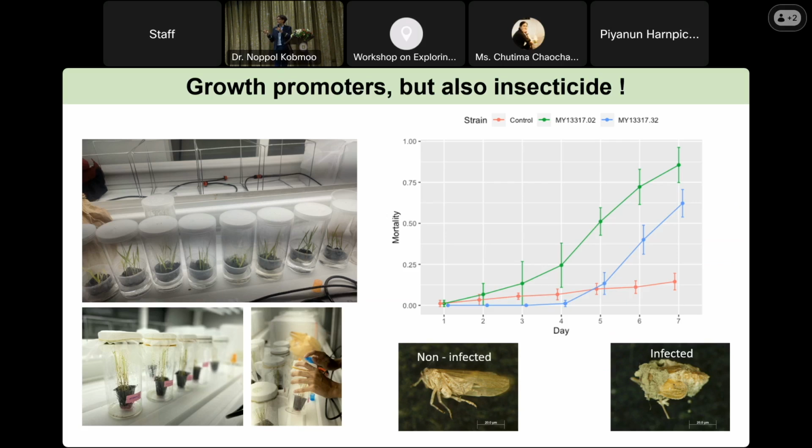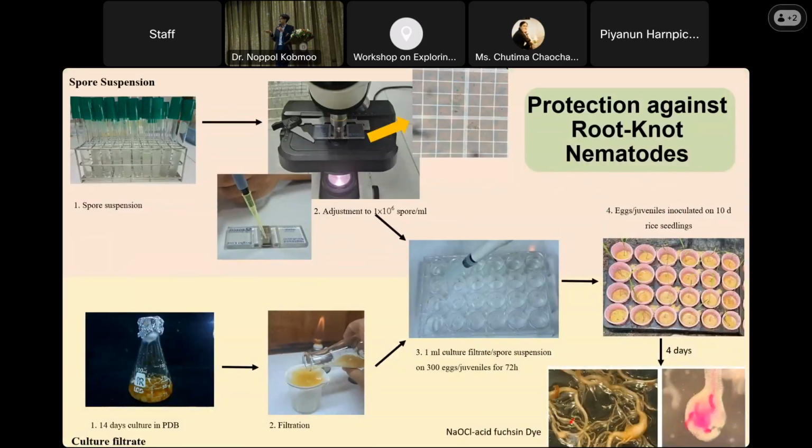You just spray the fungal suspension at a controlled concentration on the brown plant hoppers, and as you can see here, both strains result in mild to high mortality of the brown plant hoppers compared to the control where we sprayed blank spore solution. So actually we have candidate strains that could be interesting candidates as biostimulants, biofertilizers, and also biocontrol agents.